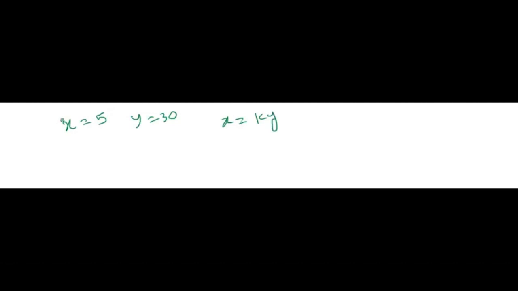When x is 5, k we don't know; we have to find this k. So 5 equals k multiplied by 30, and k will be 5 divided by 30. So the value of k is 1 upon 6. This is one example where we find k.